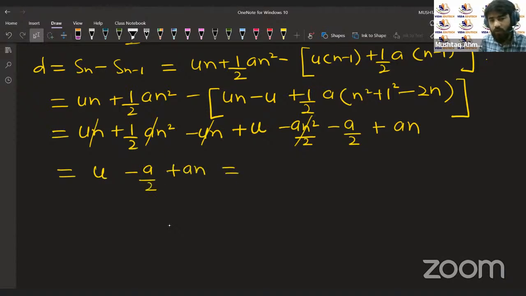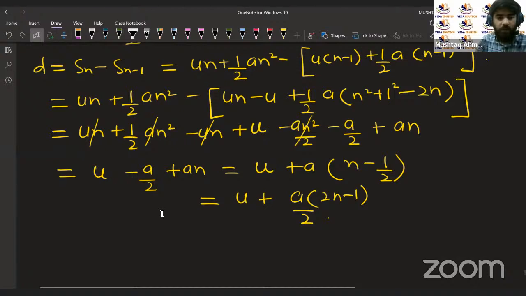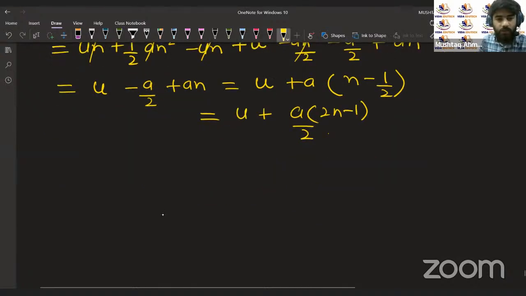Can take a as common here. That's plus a into n minus 1 by 2. Or we can rewrite it as u plus a into 2n minus 1 upon 2. So this will be the final equation for the distance traveled by this particle in the nth second.